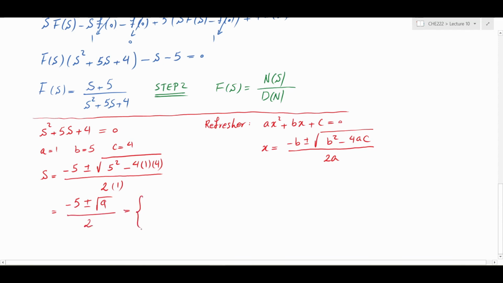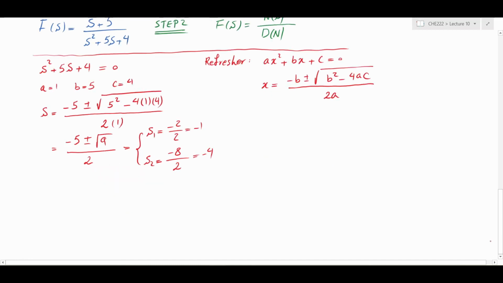And from here we will get two roots for the equation. s1, which is minus 5 plus 3, which is minus 2 over 2 or minus 1, and s2, which is minus 5 minus 3 or minus 8 divided by 2, which is minus 4.